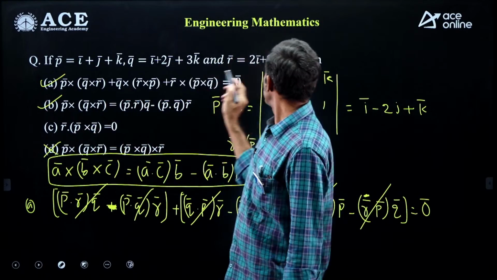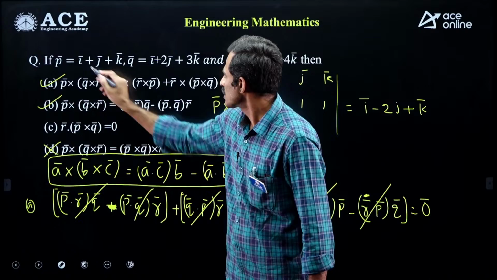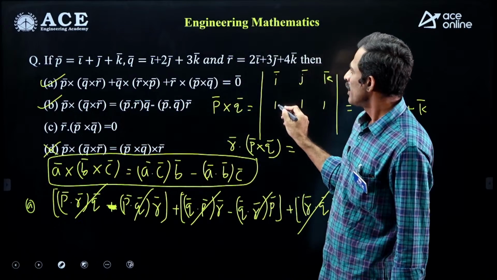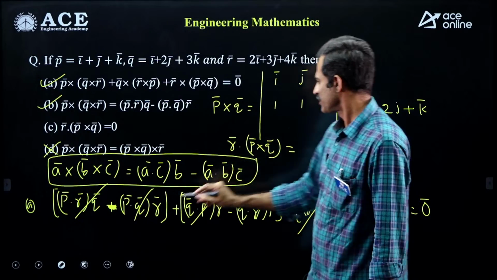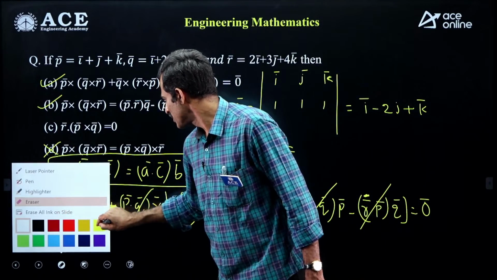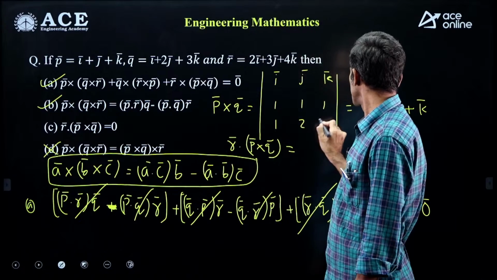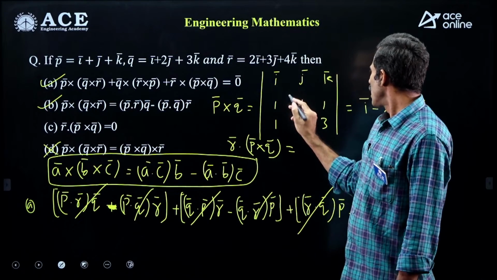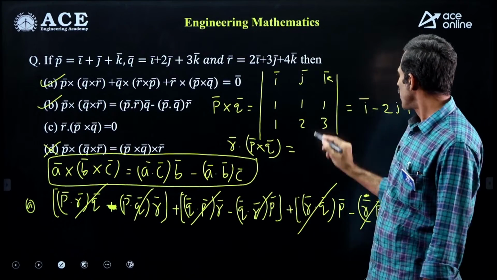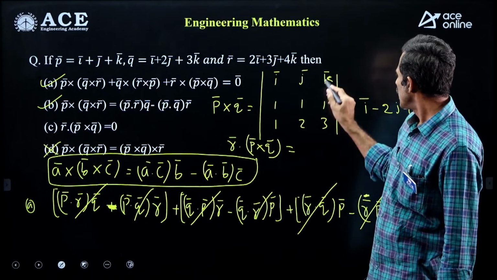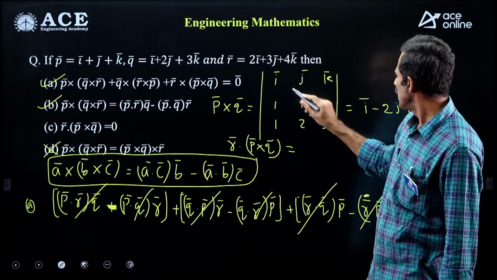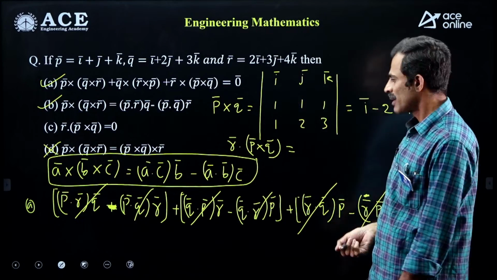Here P bar is 1, 1, 1 and Q bar equals 1, 2, 3. I bar into 3 minus 2 is I bar, minus J bar into 3 minus 1 is 2 J bar. Next K bar into 2 minus 1.